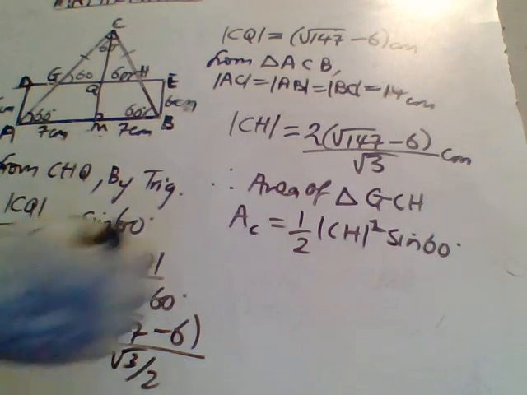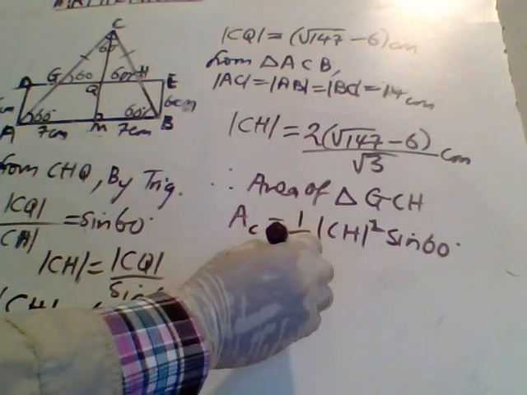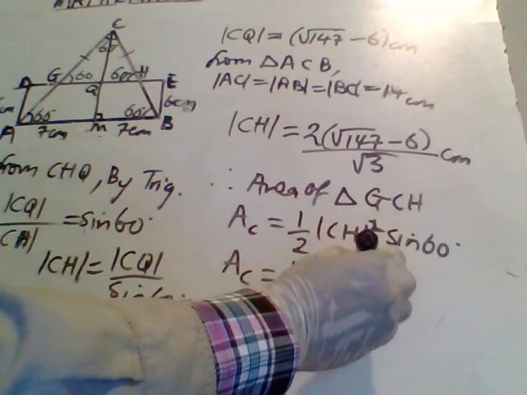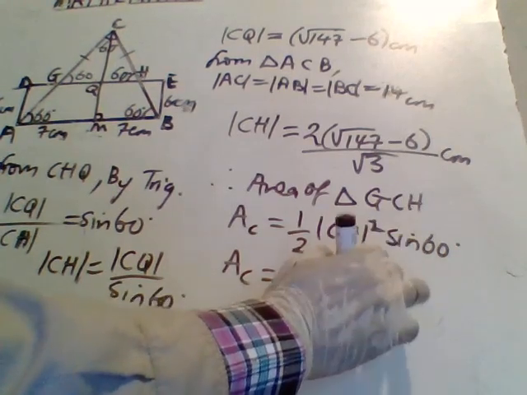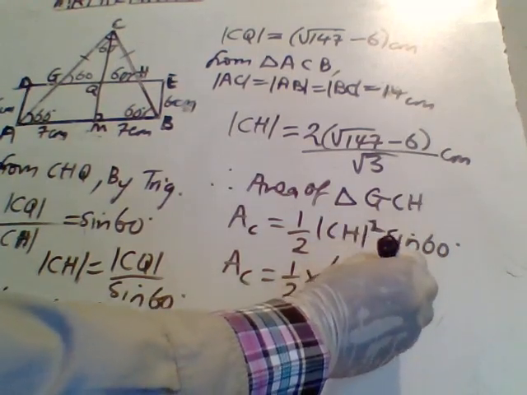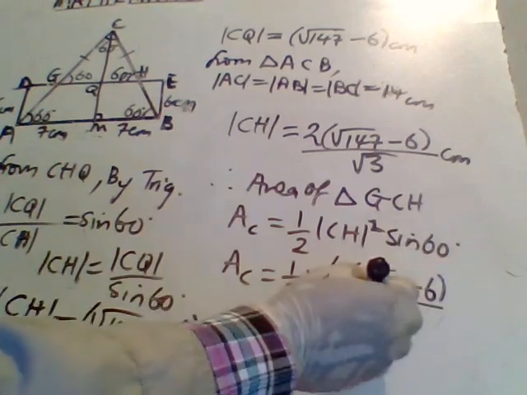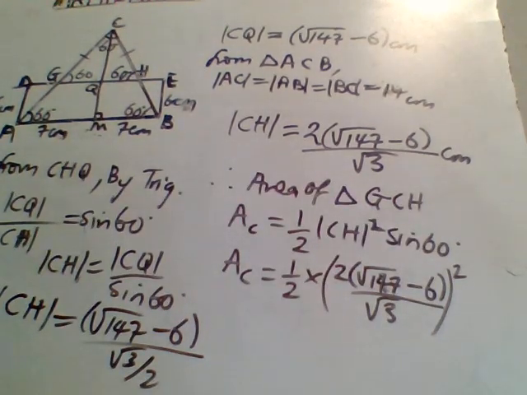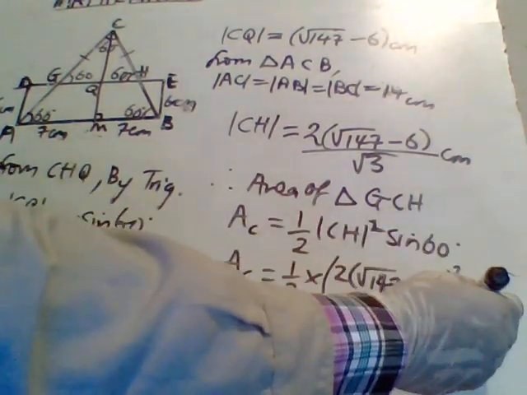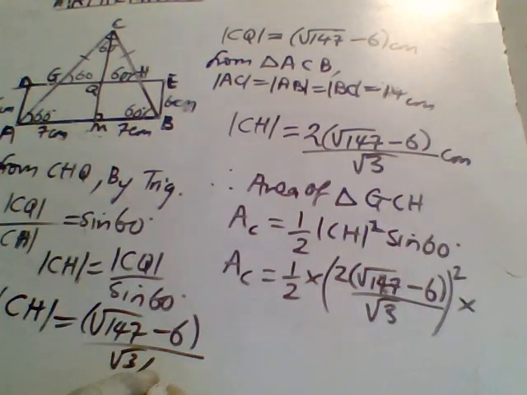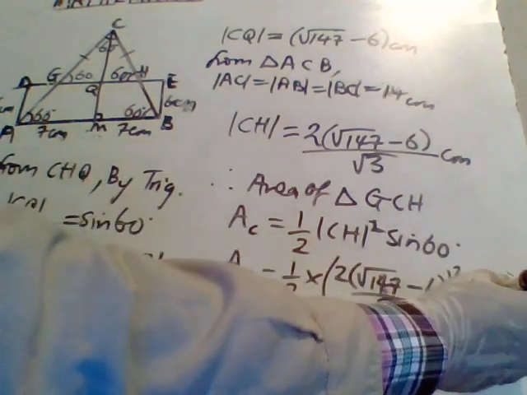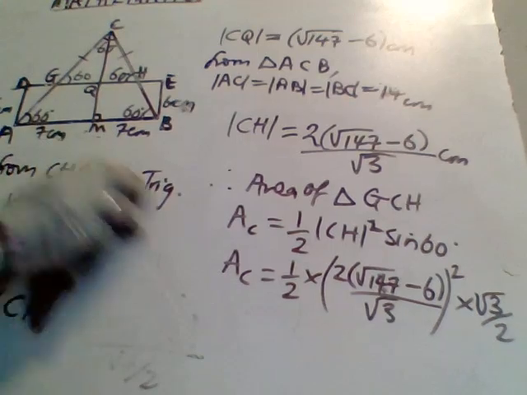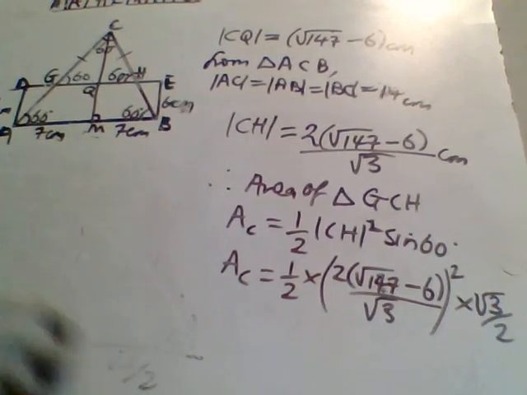So we now have to substitute AC is equals to half all of this. That gives us 2 in bracket the square root of 147 minus 6 divided by root 3 squared, multiplying sine 60 is equals to root 3 divided by 2. So how do you solve it?